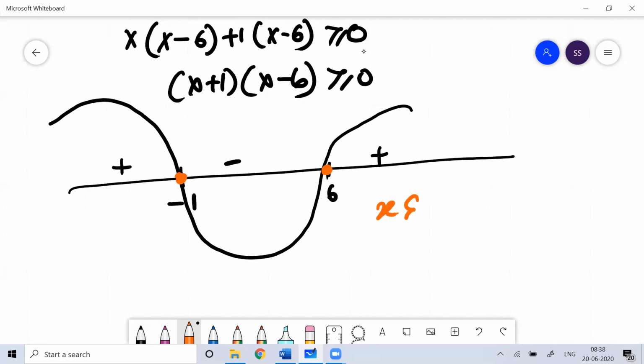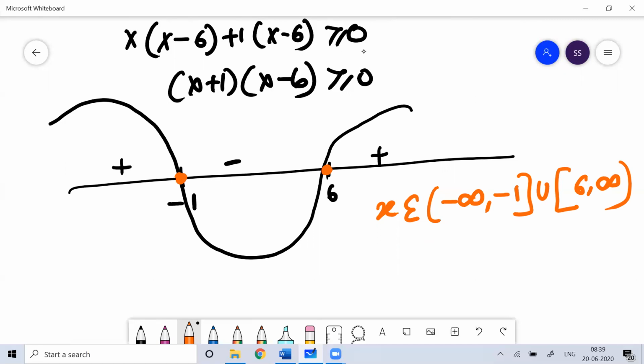So the value of x would be from minus infinity to minus 1, inclusive, and then from 6 to infinity. So this will be your answer: minus infinity to minus 1, union 6 to infinity.